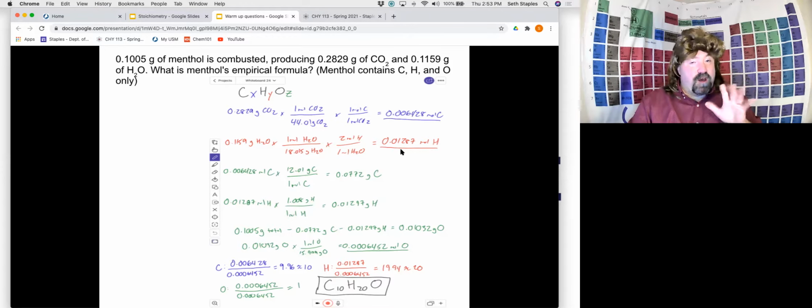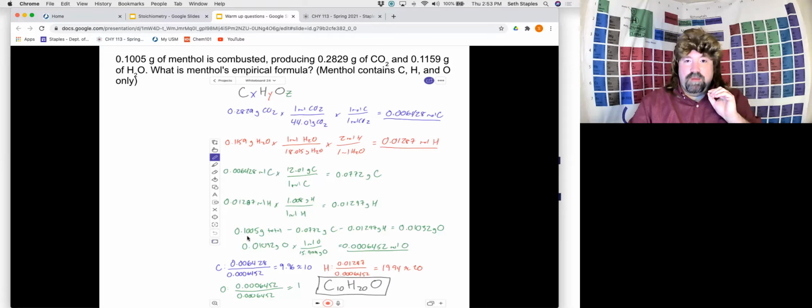To get to the moles of oxygen, remember, it is a little bit more complicated. What we're going to do there is take the moles of carbon and the moles of hydrogen and convert those over to grams. That's what I'm doing here in these first 2 steps. So we have our grams of carbon and our grams of hydrogen based on our number of moles of each. Then we subtract those from our total amount.